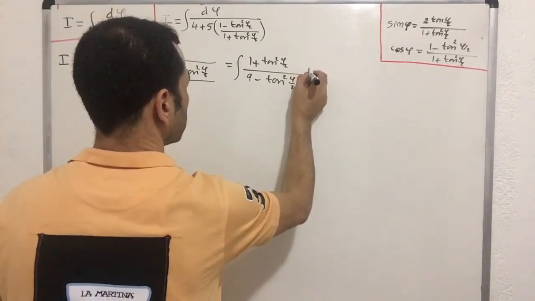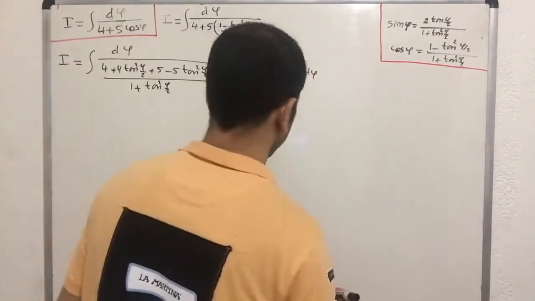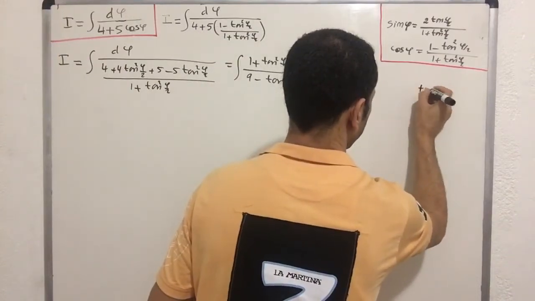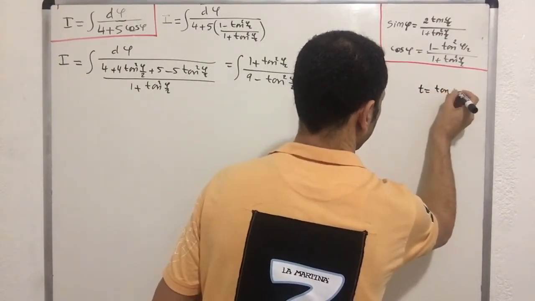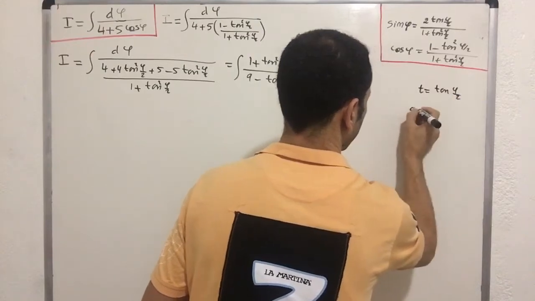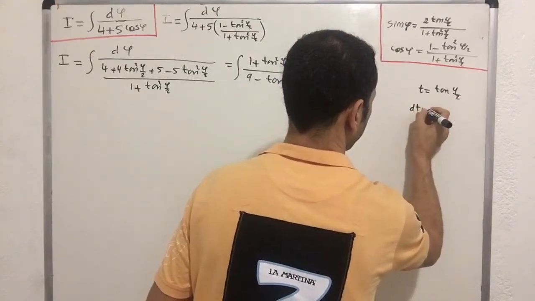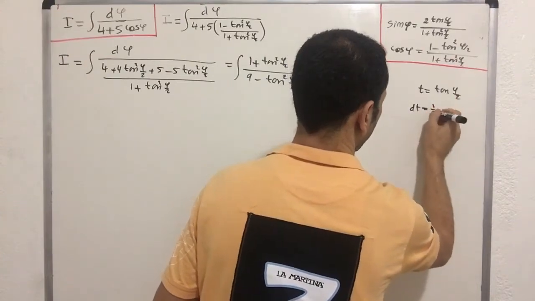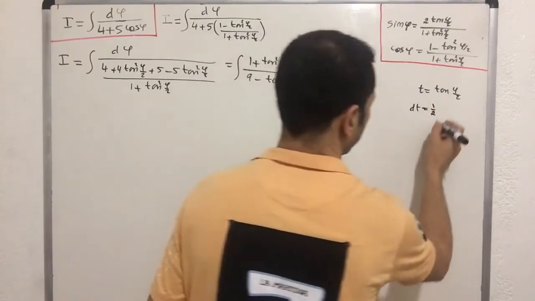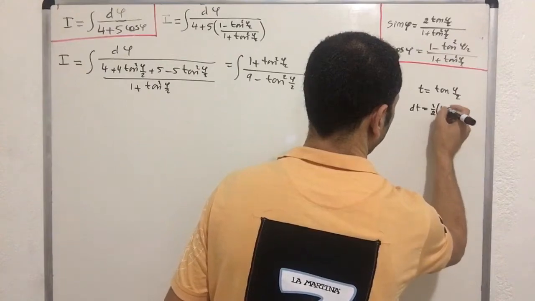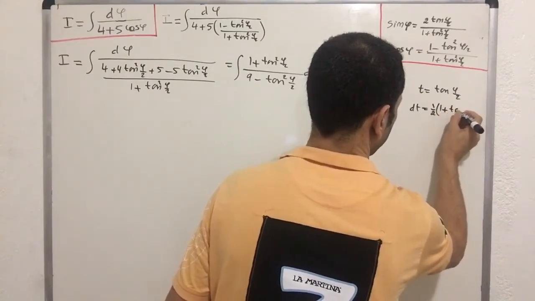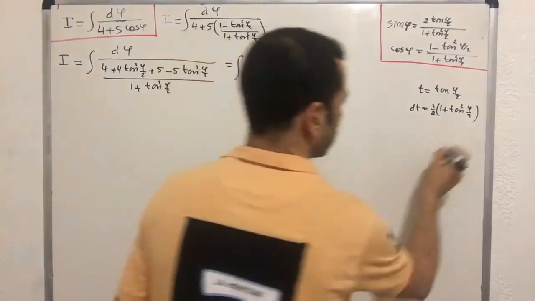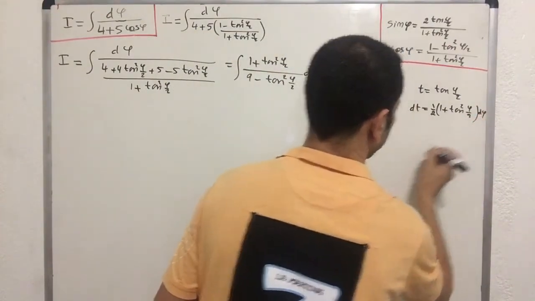What is this? d phi. Let's make a substitution now. Let's make t equal tangent phi over 2. Let's differentiate now. dt equals 1 over 2 of 1 plus tangent squared phi over 2, d phi.